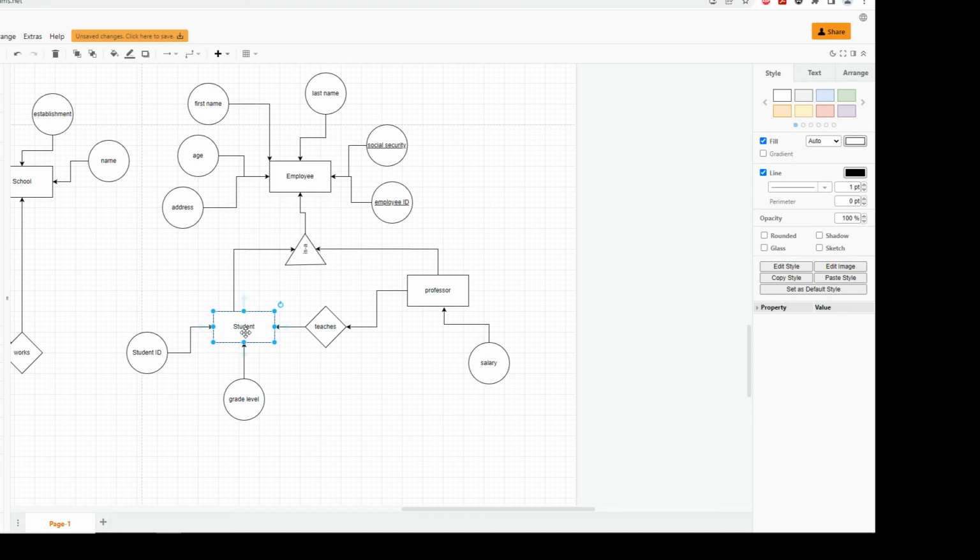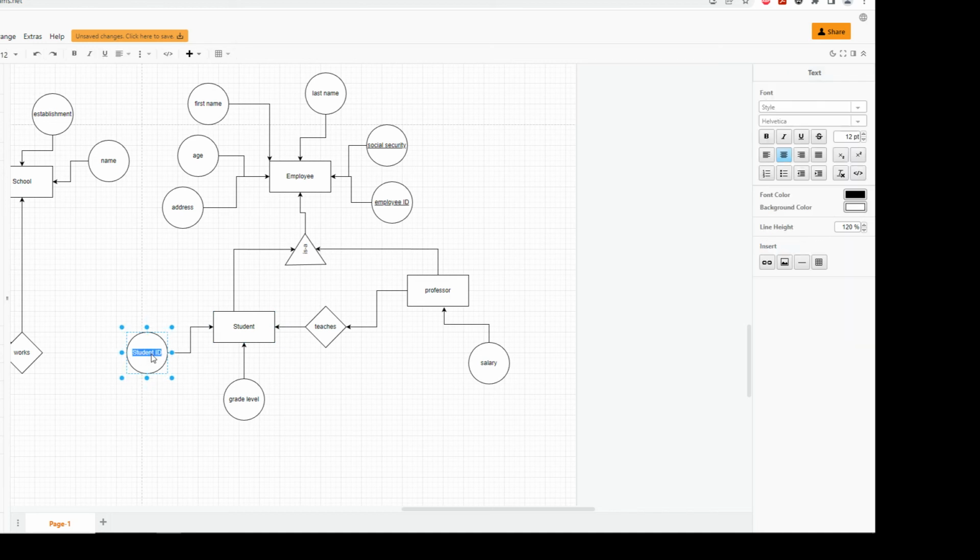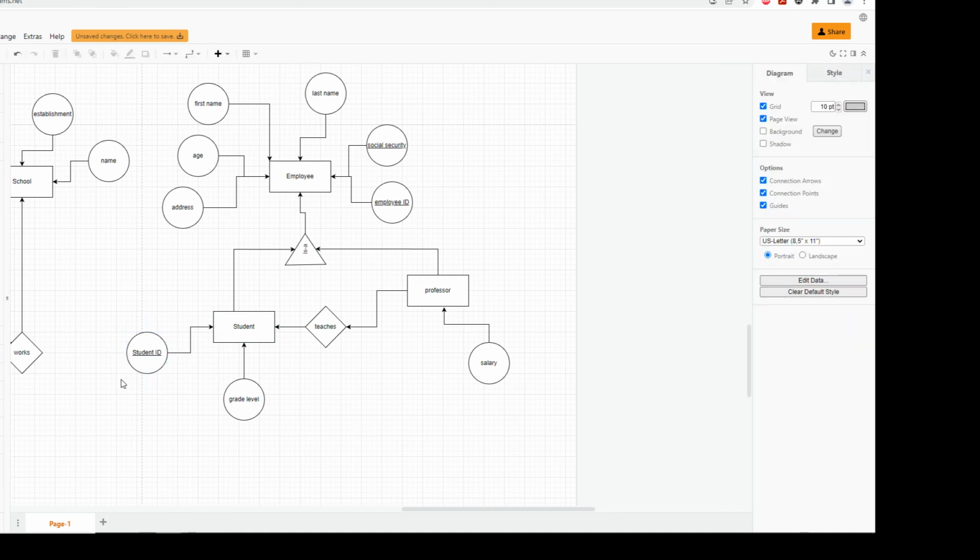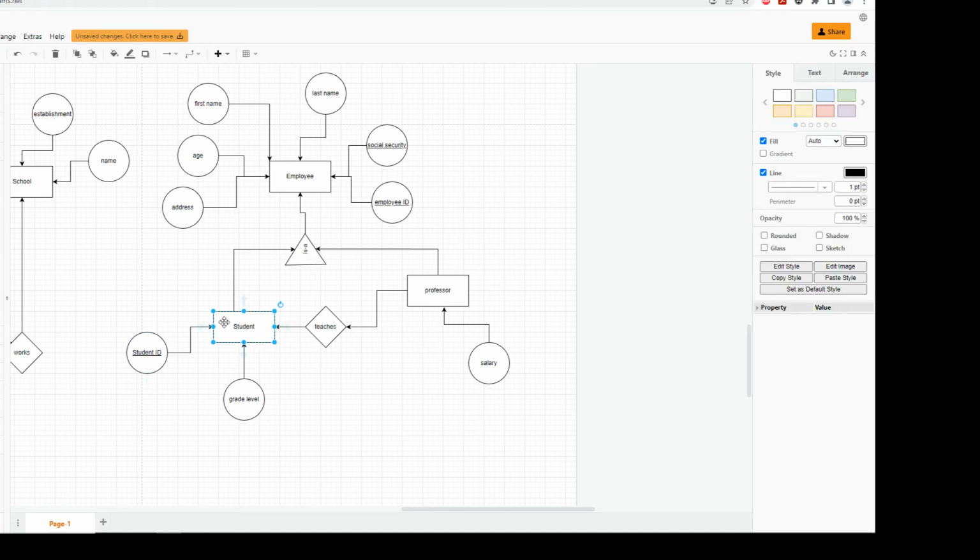But in case where the student is not an employee, or the student is both a student and employee, then the student also has student ID as an attribute that could uniquely identify the student among all the other students. So the student entity would actually have student ID, employee ID, and social security number as three key attributes. Sometimes we call that aggregate attribute.